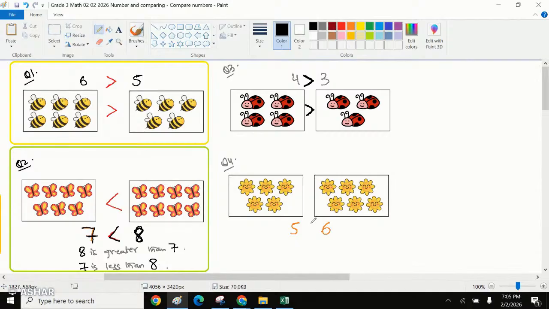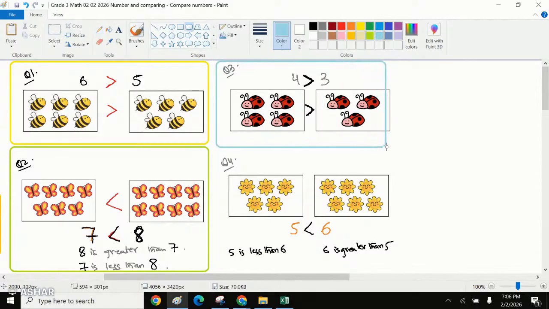We can say 5 is less than 6, or we can say 6 is greater than 5. Agreed? Either way, it's correct.